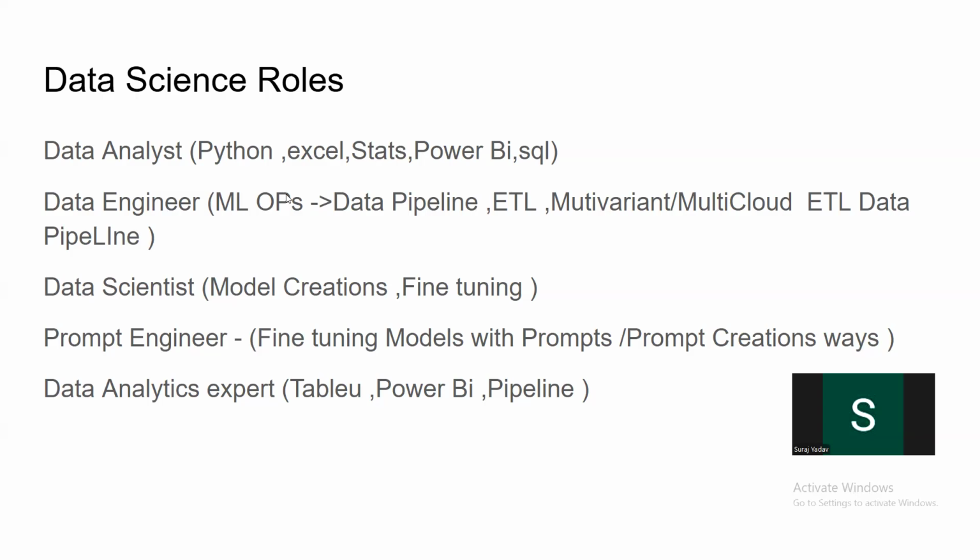ML Ops people are familiar with GCP and AWS, where a multi-cloud or hybrid cloud system is used. Some resources in GCP are very good for ML, and in AWS some resources are good for predictions. So they use the hybrid cloud interchangeably for extraction, transformation, and loading.